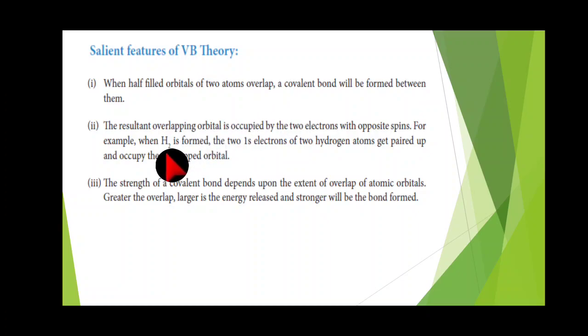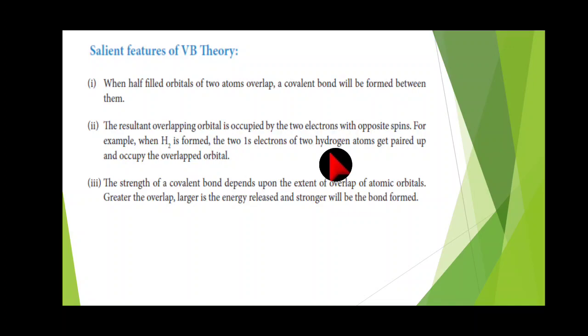Point number 2, the resultant overlapping orbital is occupied by two electrons with opposite spin. For example, when hydrogen is formed, the two 1s electrons of the two hydrogen atoms pair up and occupy the overlap orbital. So two hydrogen atoms making a bond means they are going to give a molecule.